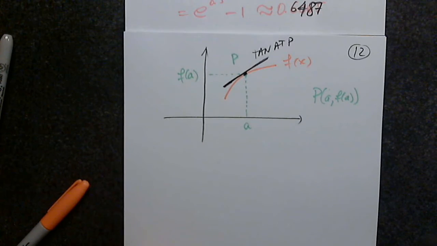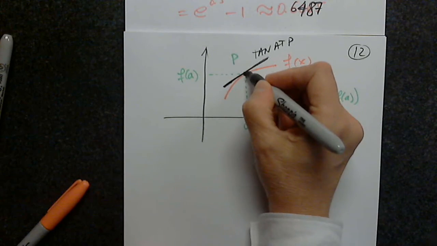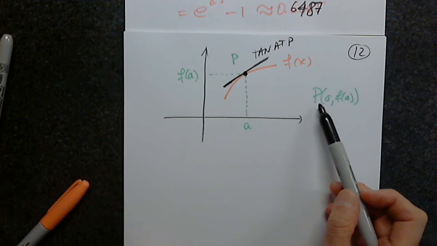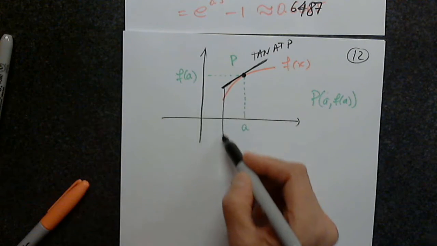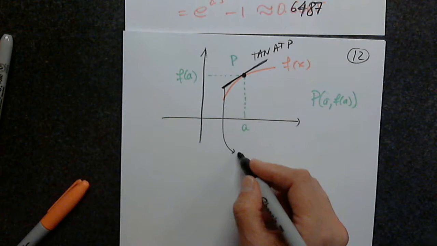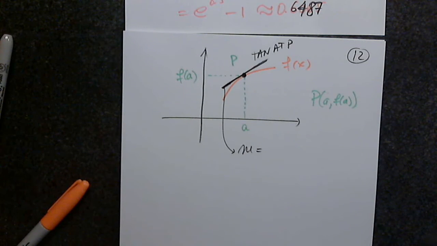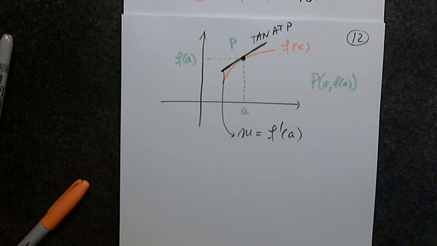Very good. Now, I have this point, a, f of a. Can anyone give us the slope of the tangent line at P? Yes, very good, f prime of a. So now here's what we have.